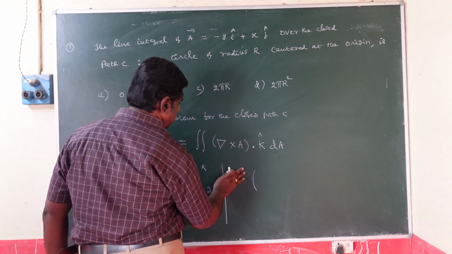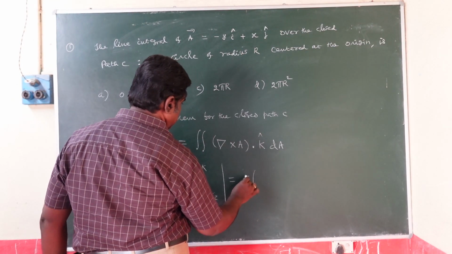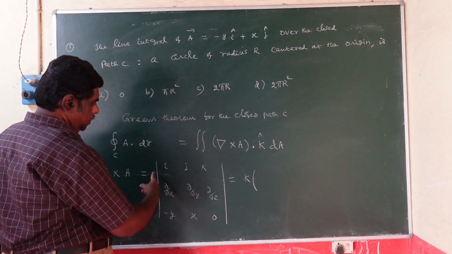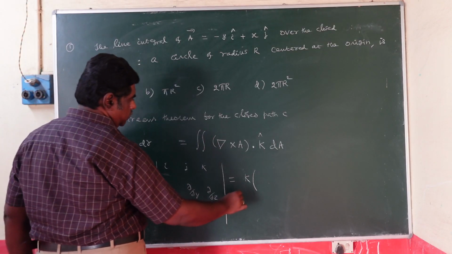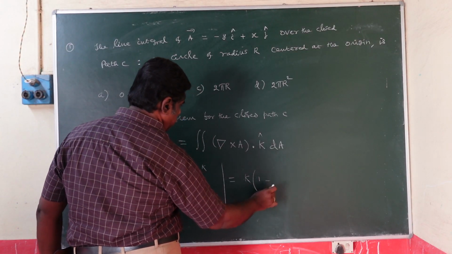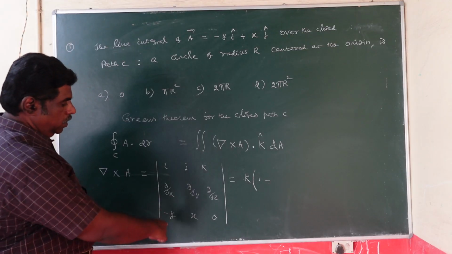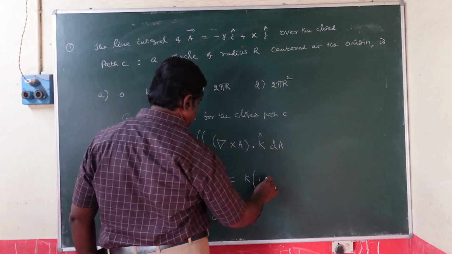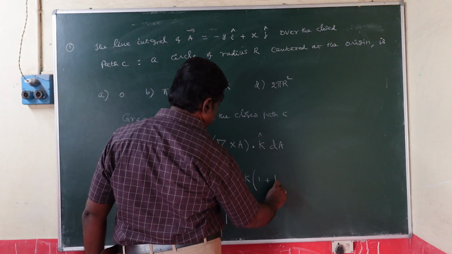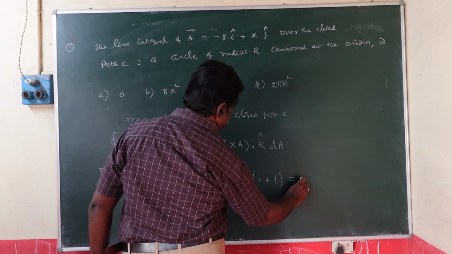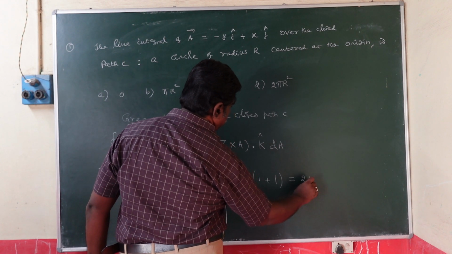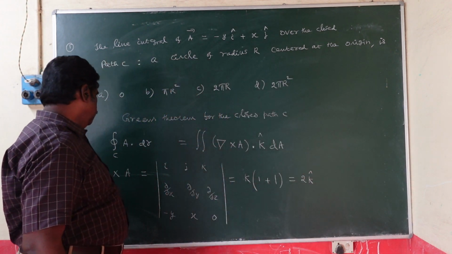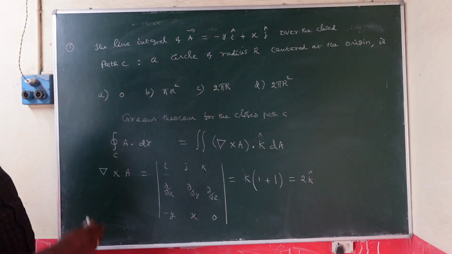So the only available component is k. K into dou by dou x of x is 1 minus dou by dou y of minus y is minus 1. Therefore, minus to minus plus, which is equal to 2k. This is the value of curl A.